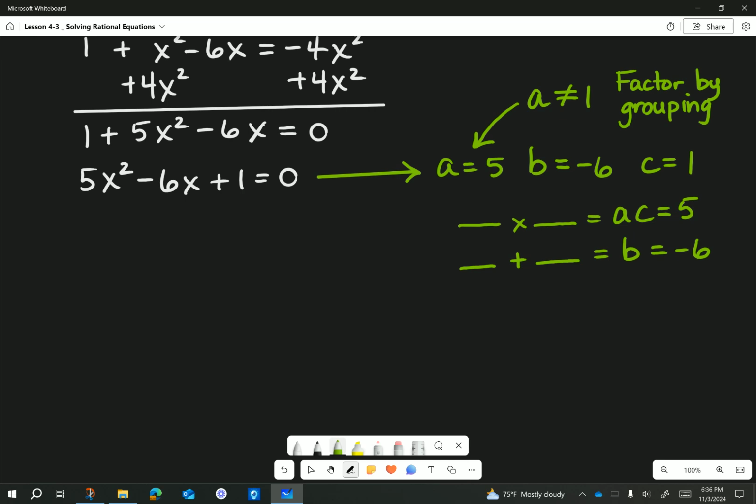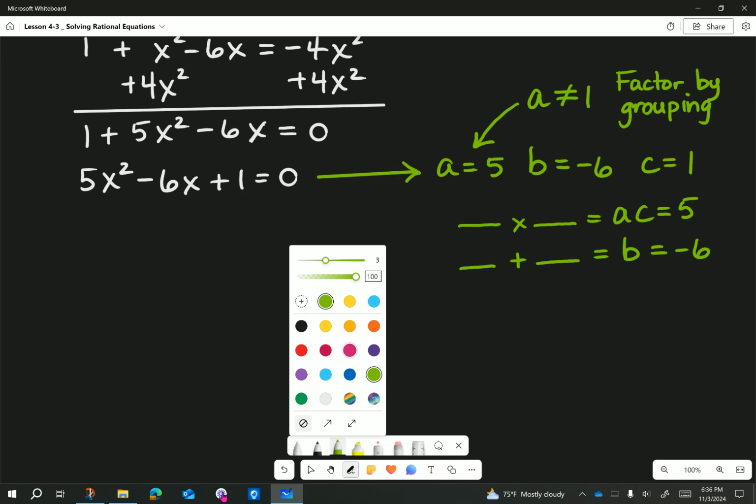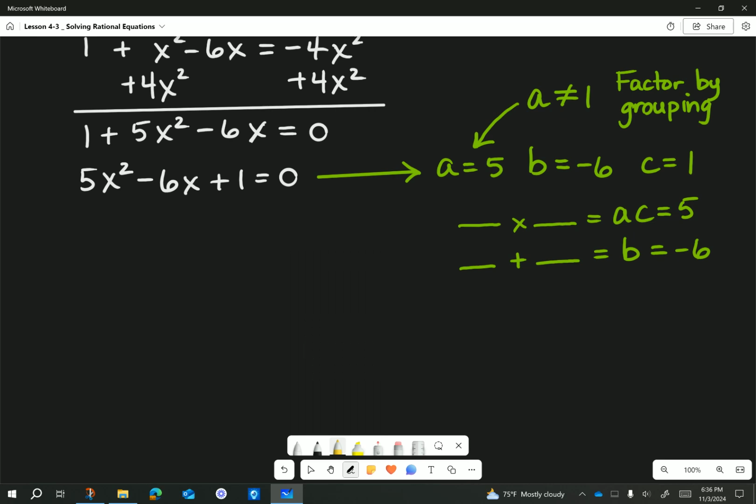For this particular problem, our answers are going to be what? That's correct. A negative 5 times a negative 1 satisfies both of these problems. Okay, so we're going to take these answers. I want you to notice that we are specifically saying that negative 5 plus negative 1 is negative 6.